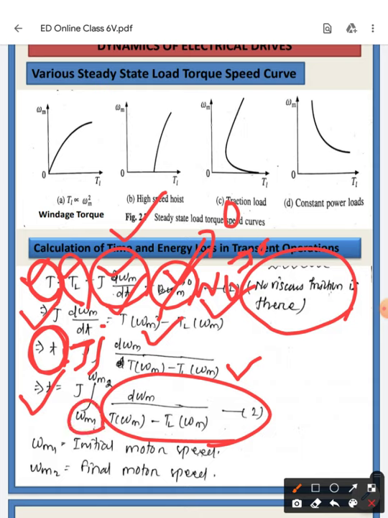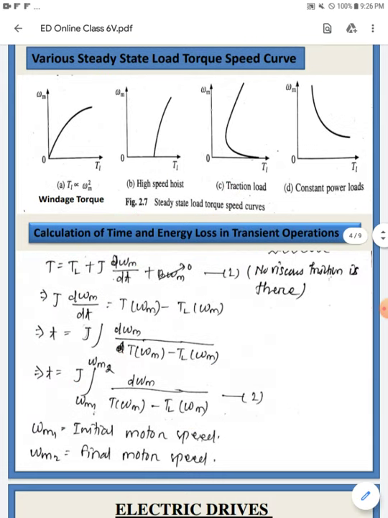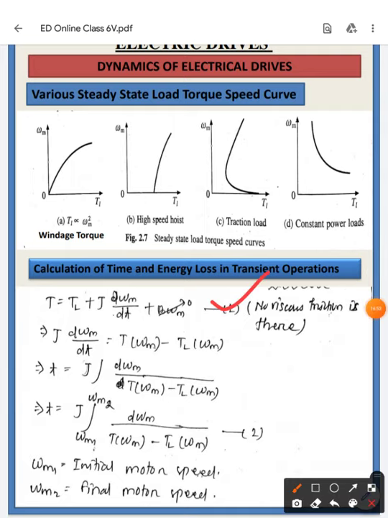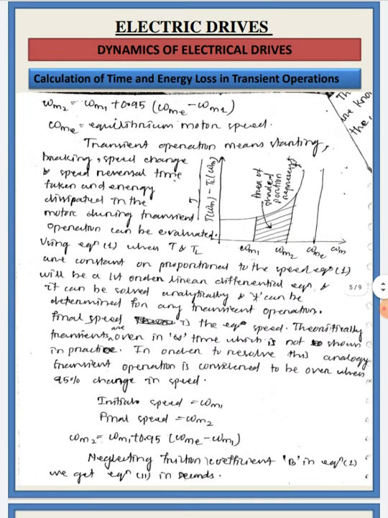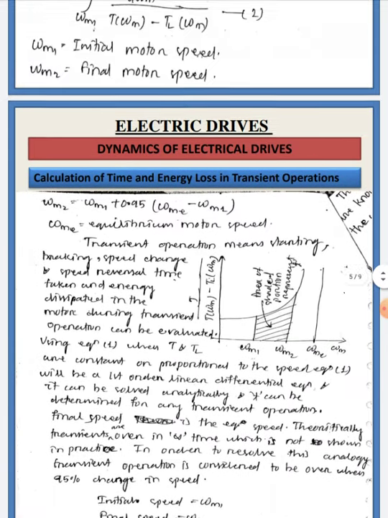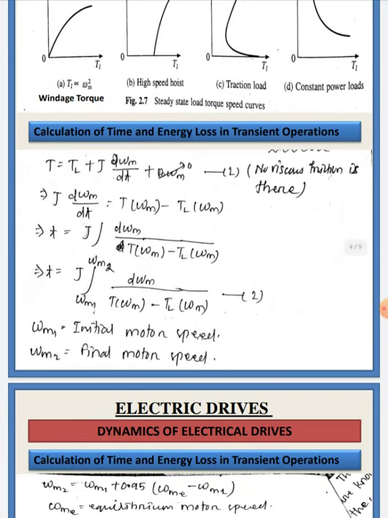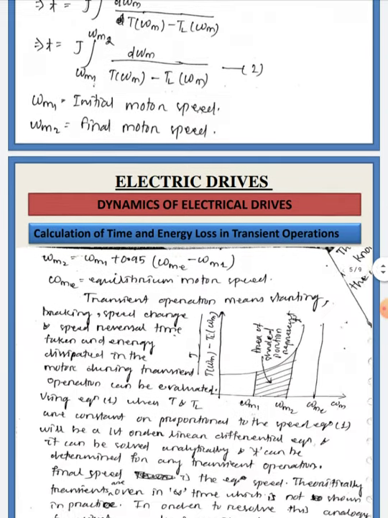Omega m1 is the initial motor speed, whereas omega m2 is the final motor speed. This is my equation number 2, and the first one is equation number 1. So in equation number 2 we have calculated the time.